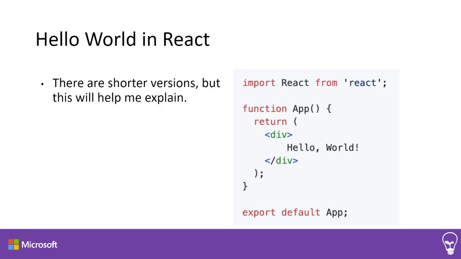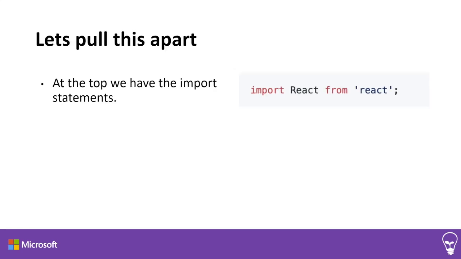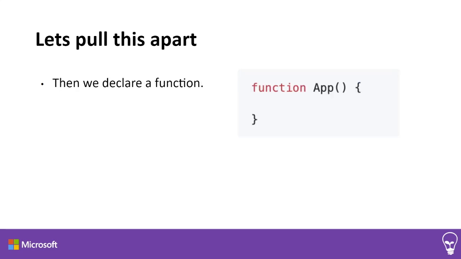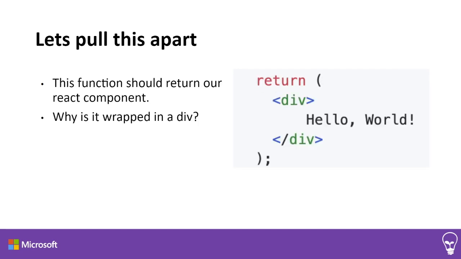If we pull this apart, what we can see is at the top we have an import statement, then we have a JavaScript function, and then that function is returning a div with Hello World in it. So if you had a look at JavaScript and you had a look at React before, you'll see everything's usually wrapped in a div. But why is it wrapped in a div?